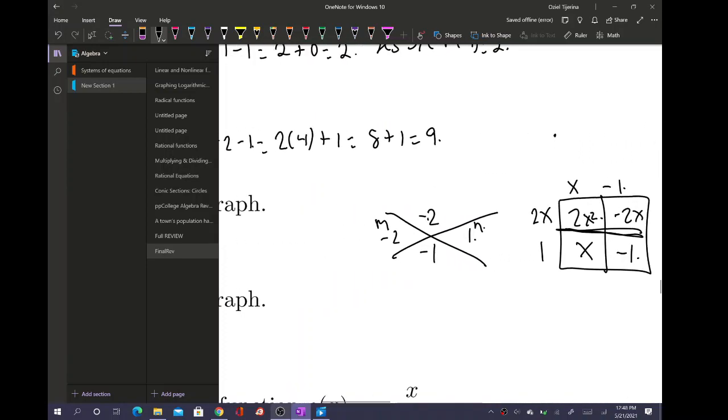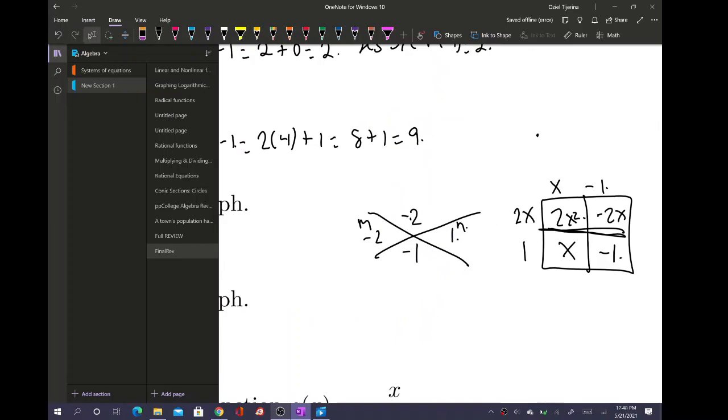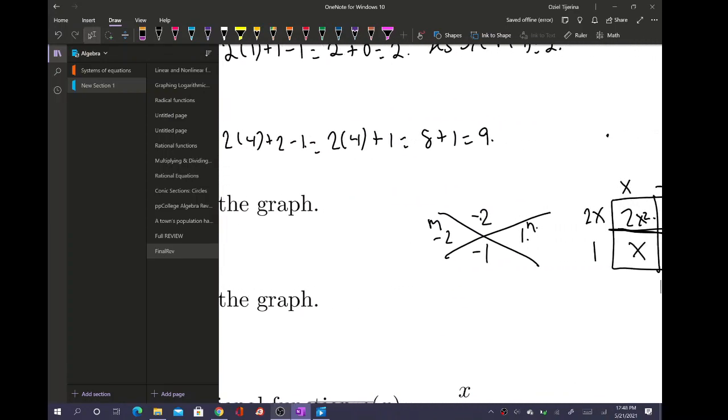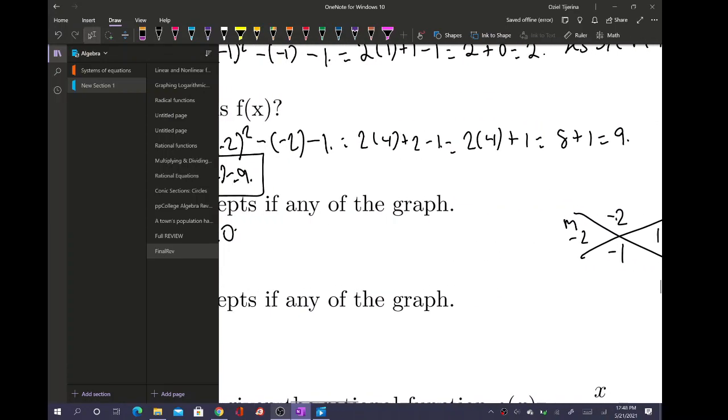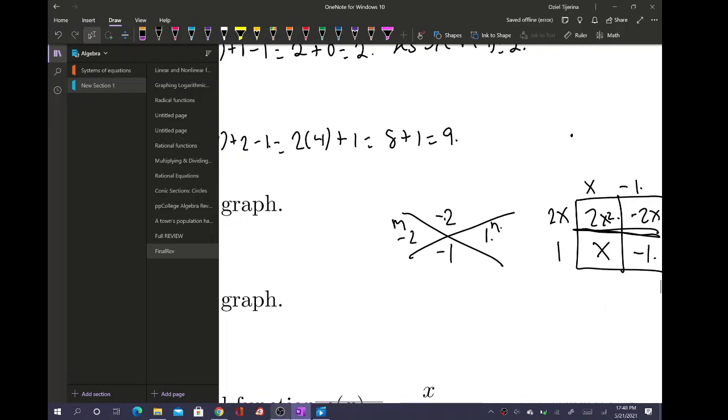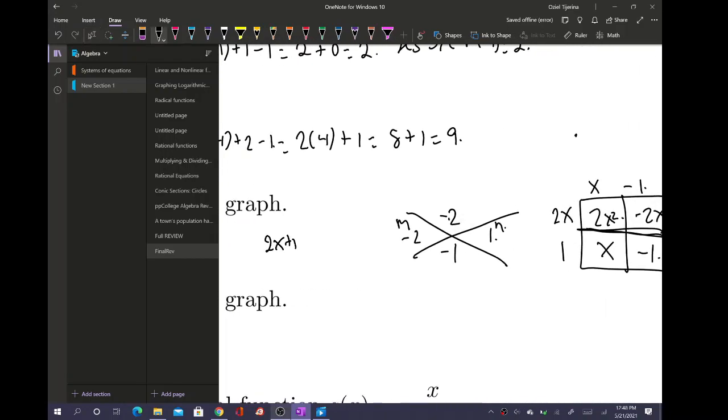This factors to 2x plus 1 times x minus 1. So you say 2x plus 1 equals 0, x minus 1 equals 0, and you solve for x. Subtract 1 on each side, you get negative 1 equals 2x, then divide by 2, and you get x equals negative 1/2.